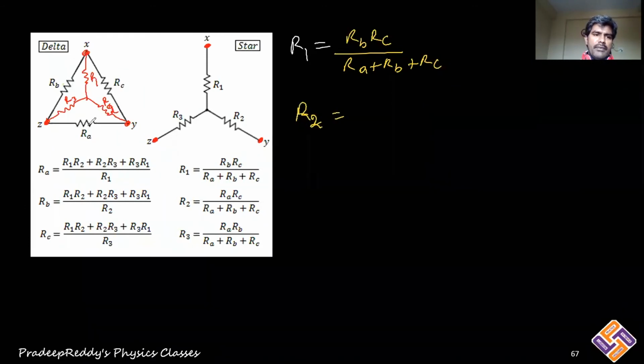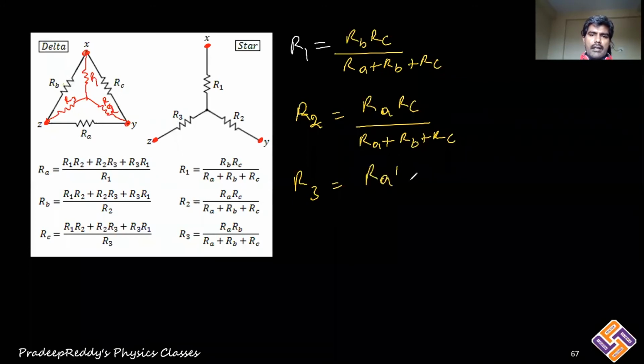R2 is in between RA and RC. So simply write it as RA, RC divided by RA plus RB plus RC. Next, R3 I want to find out. R3 is in between RA and RB. So I will write it as RA, RB divided by RA plus RB plus RC. So you will be getting R1, R2 and R3.